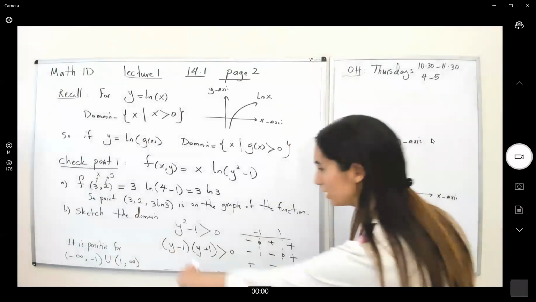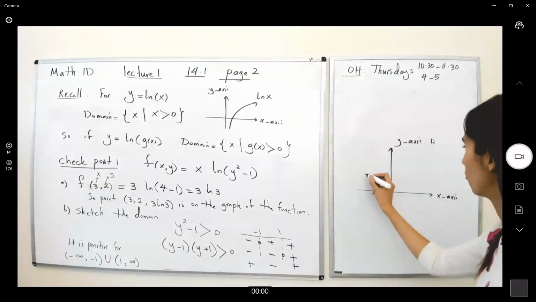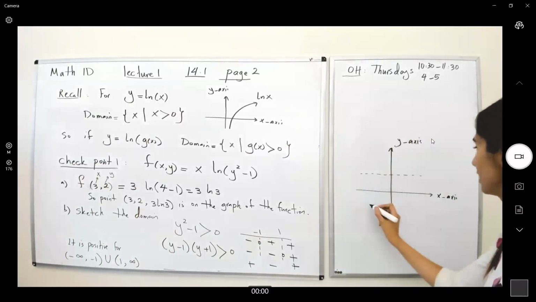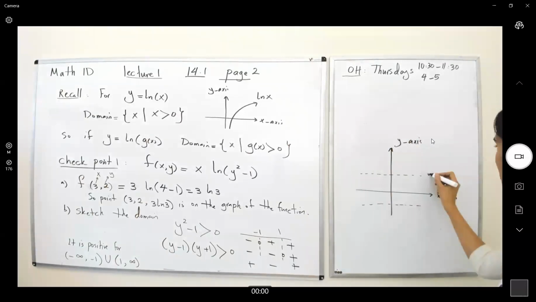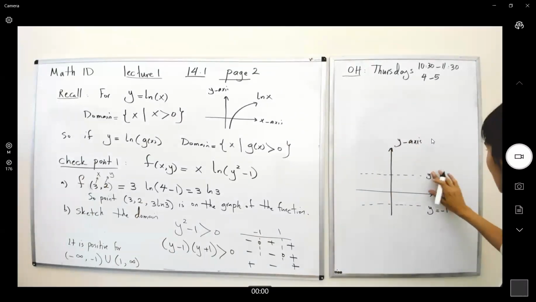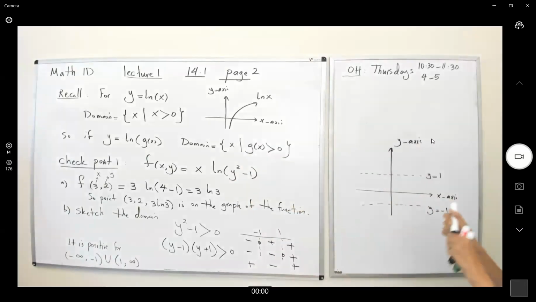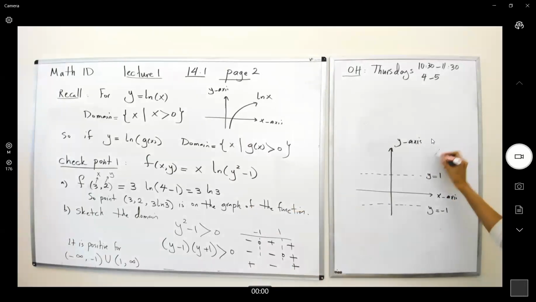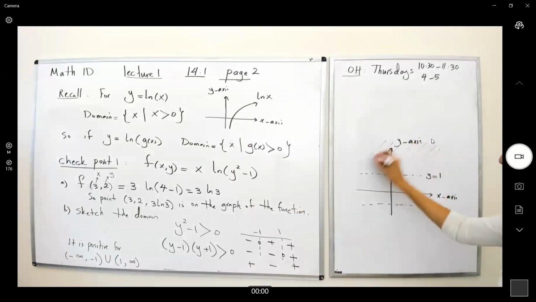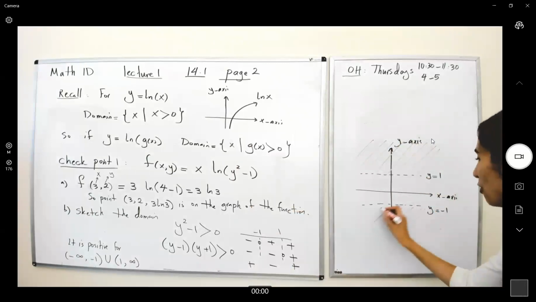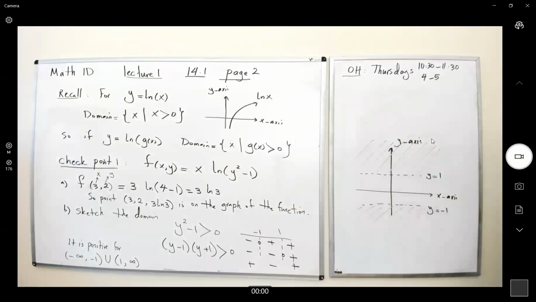So your y is 1, and y is negative 1. So you're going to shade the upper side of the line y equals 1, and also below y equals negative 1.